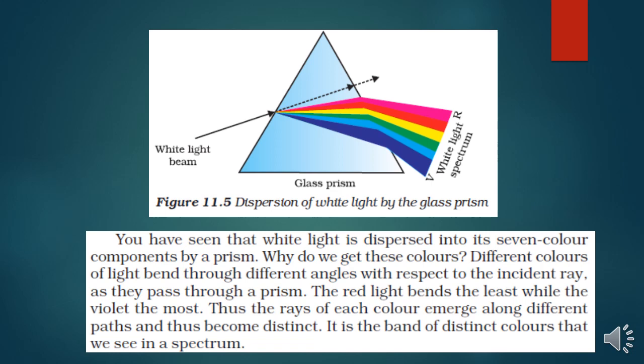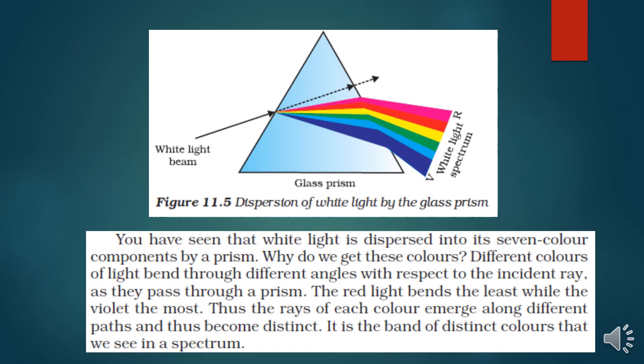That band of 7 colors is known as a spectrum. So in this topic, we will try to understand why white light splits into 7 colors when it passes through a glass prism.